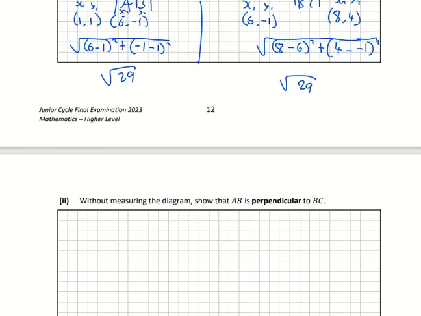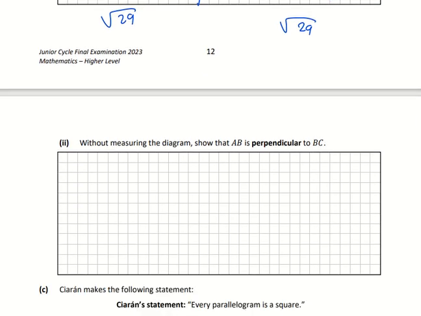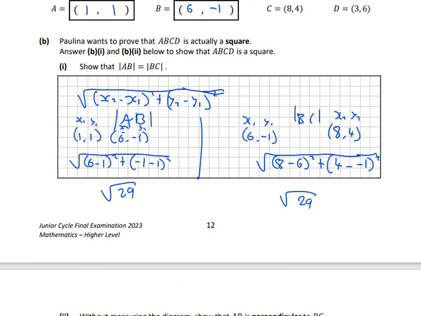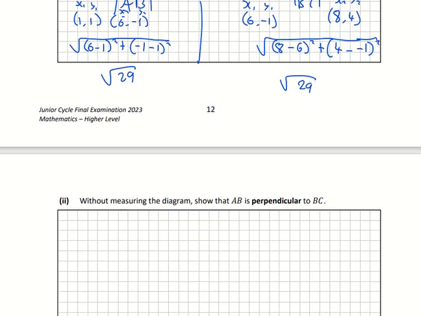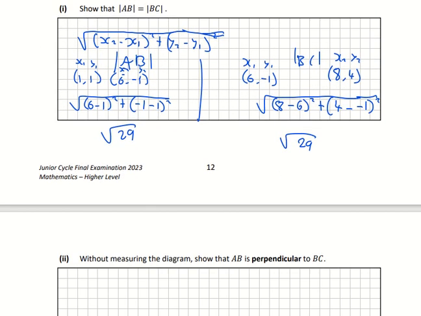Without measuring the diagram, show that AB is perpendicular to BC. When dealing with perpendicular lines in coordinate geometry, we're going to be using the slopes. So I'm going to figure out the slope of AB first. The slope formula is y2 minus y1 over x2 minus x1, and you'll get that in the book of formulas.